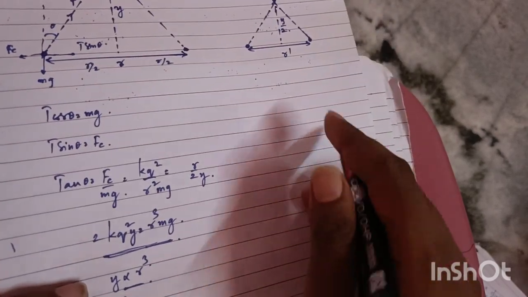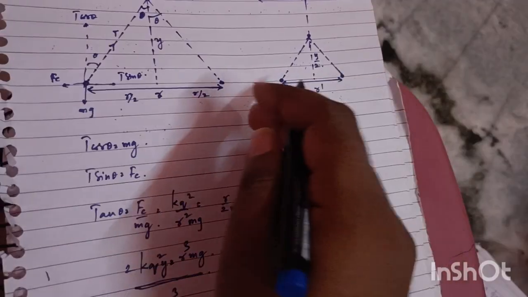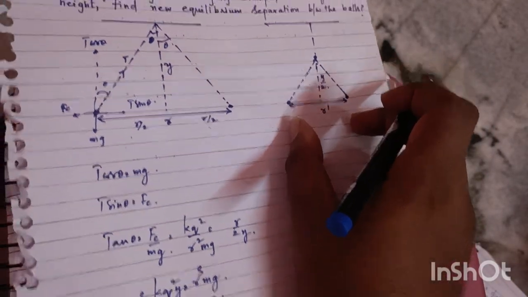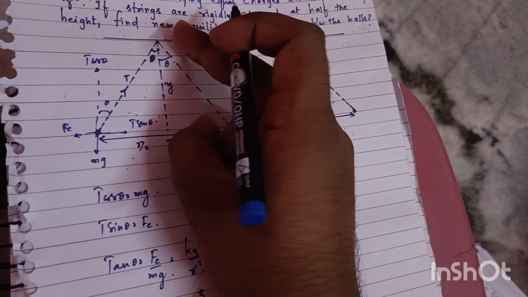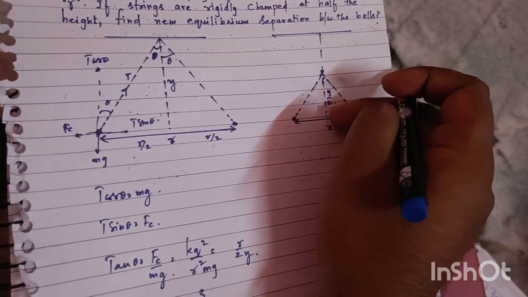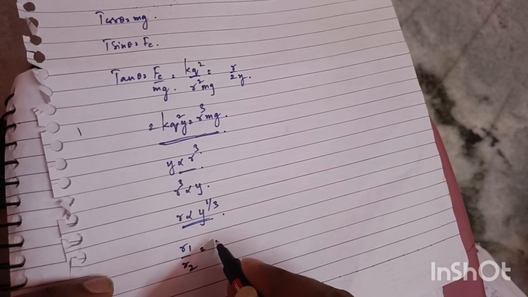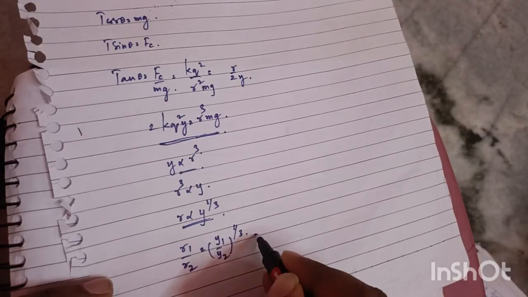So here initially separation is r, now here it is r dash. Initially this distance, this vertical is y, now this is y by 2, so r1 by r2, taking it as y1 by y2, whole power 1 by 3.